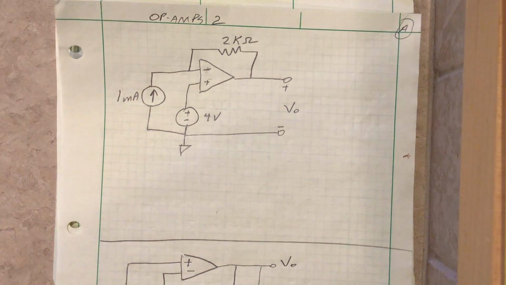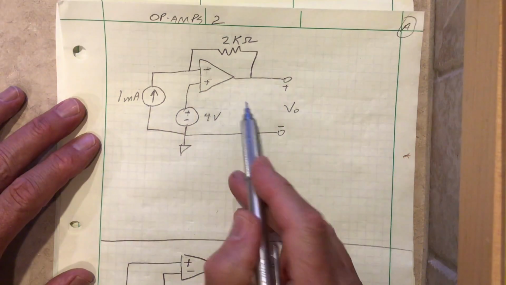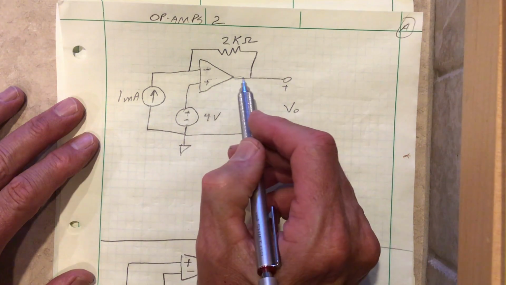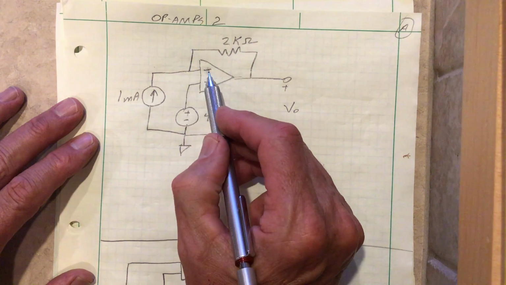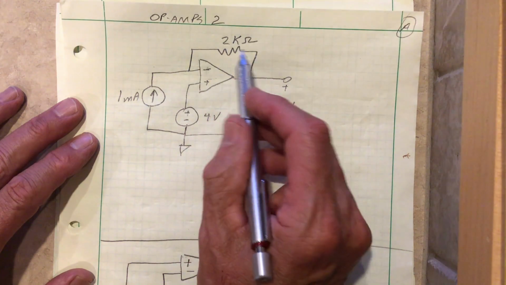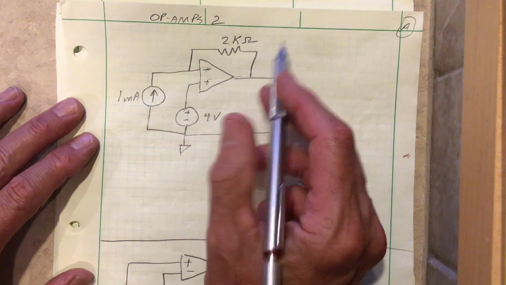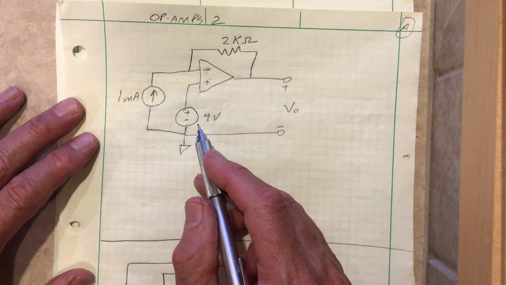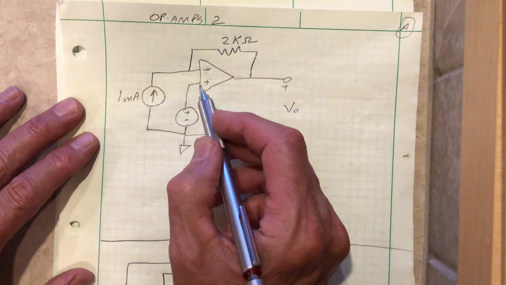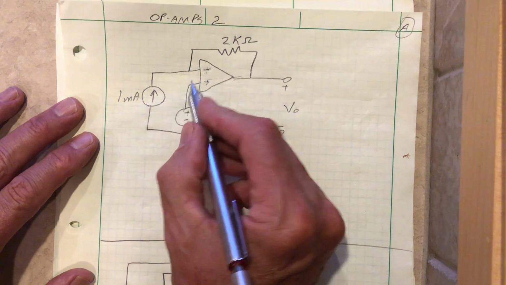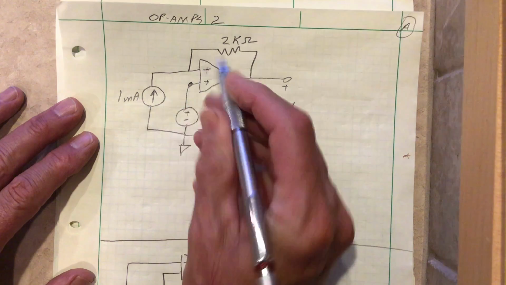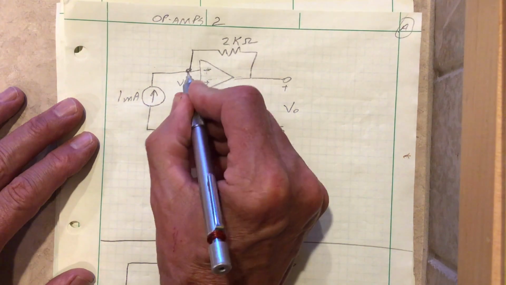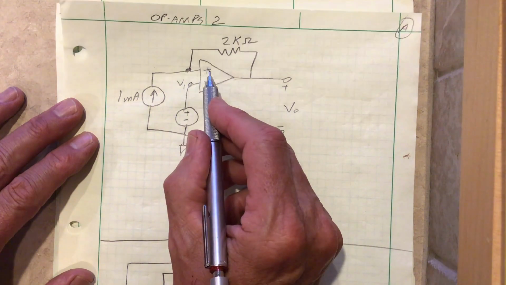So one of our assumptions is that there's infinite gain in here, and that there is a feedback loop from the output to the inverting input. We see there's a connection there. So a voltage change here will have an impact at this point. And we'll assume it's in the linear range, so that whatever voltage I have here at the non-inverting input, we'll call it V1, I will also have that same voltage at the inverting input.